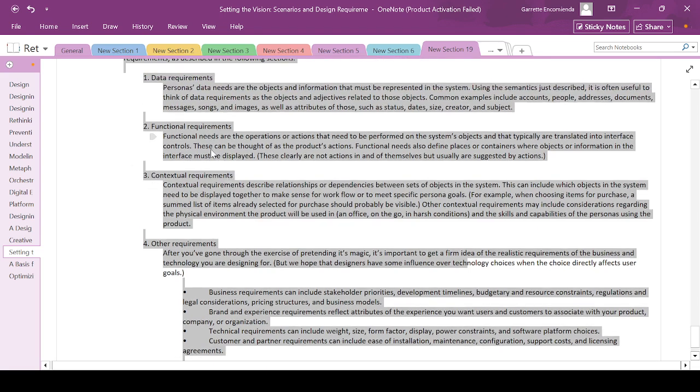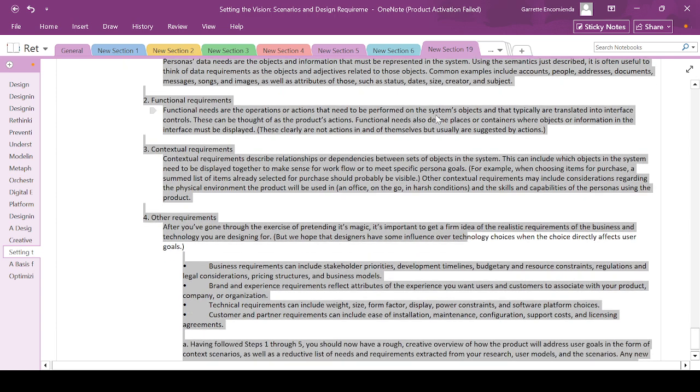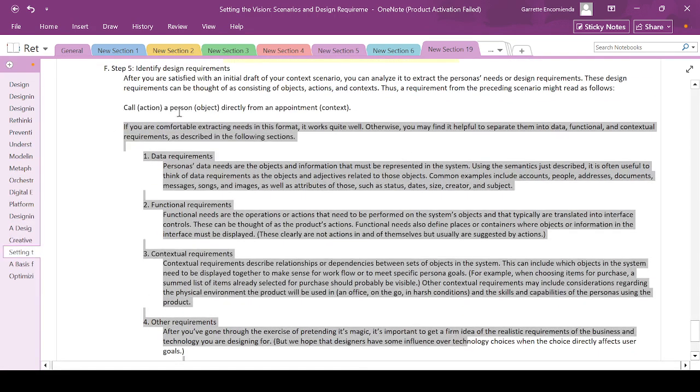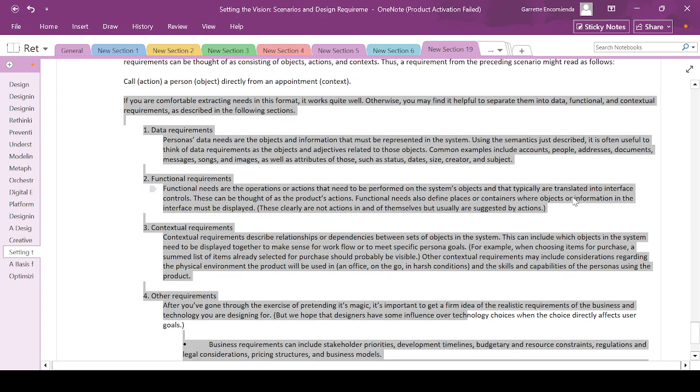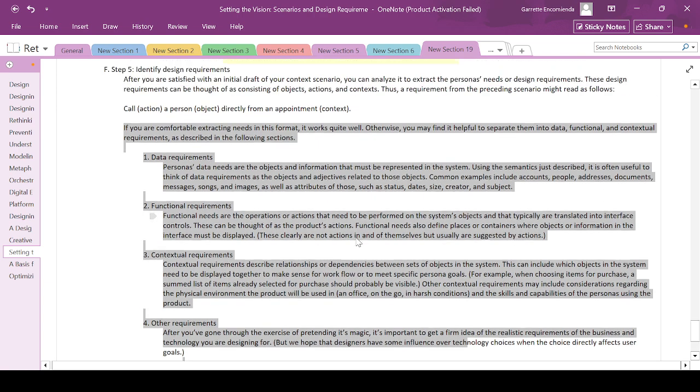So contextual, sorry, functional needs are the operations or actions that need to be performed on the system's objects. So this is the action, and that typically is translated into interface controls.